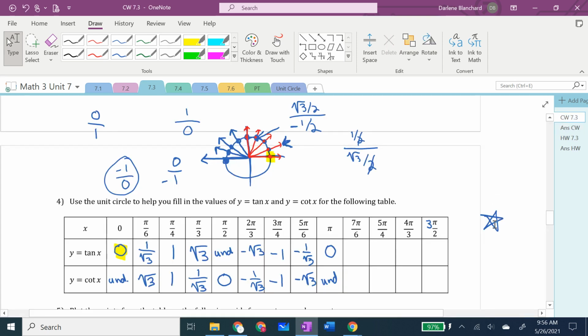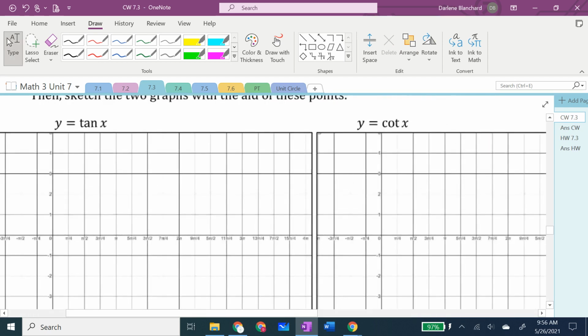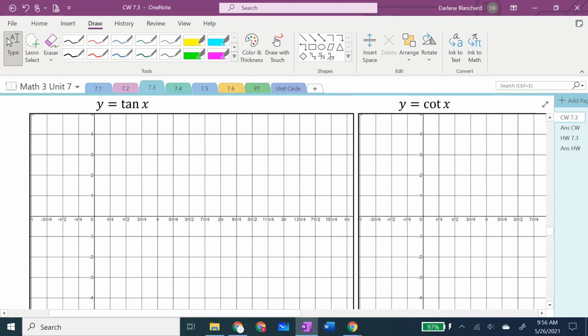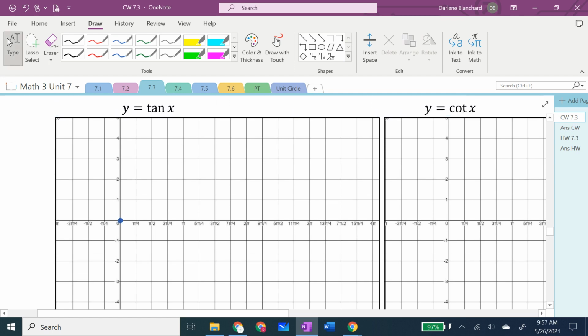So, coming back over to here, and plotting some of these points. My tangent value at 0 was 0. And right now I'm graphing the tangent graph.